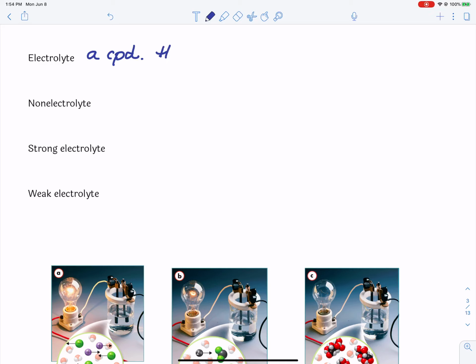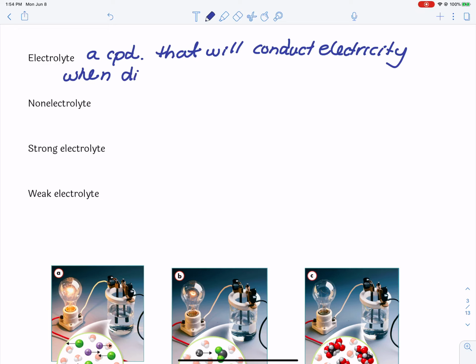So a compound that will conduct electricity when dissolved in water or molten. So first of all, what the heck does that word molten mean?